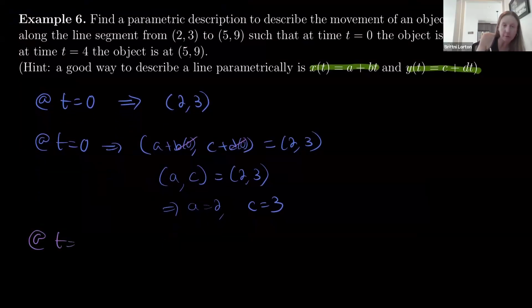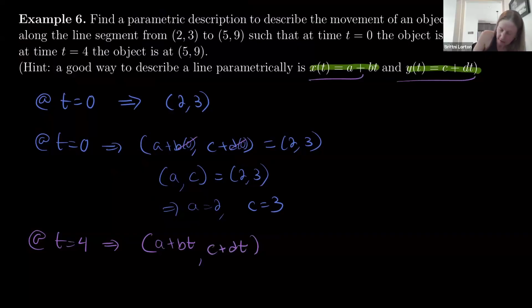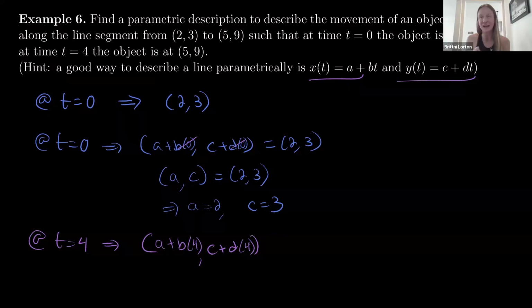So at time equals 4, what would my ordered pair be? It would be, again, (a plus b times t, c plus d times t). I just wrote them down from my parametric equations. Okay, but then I have to realize that if time is 4, then t is 4.